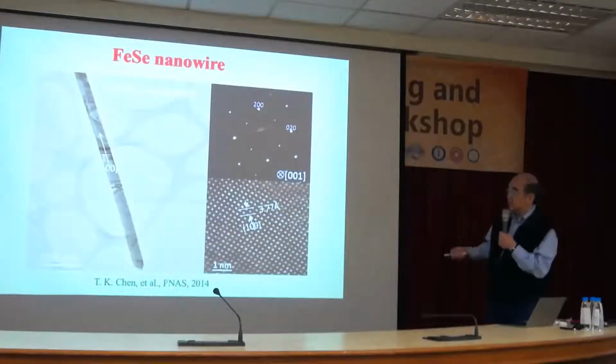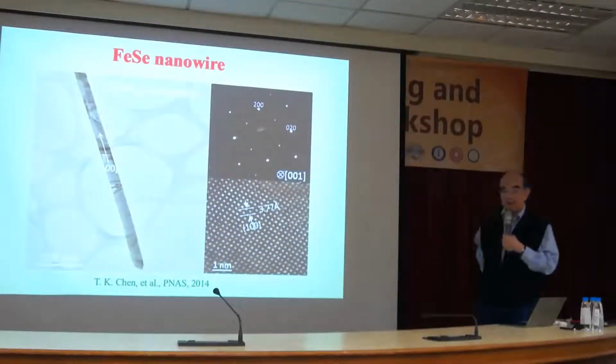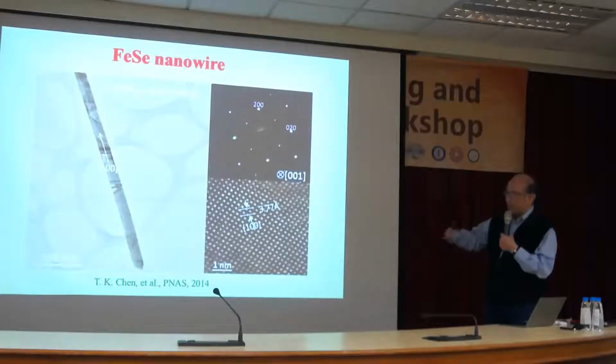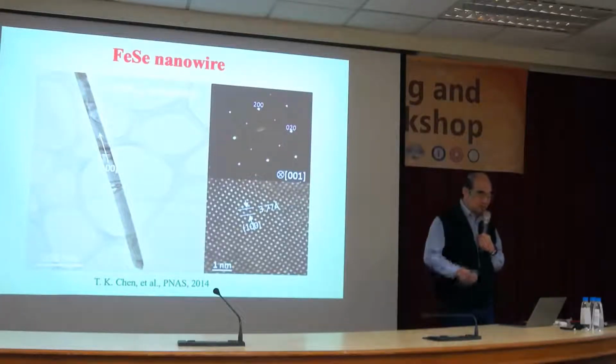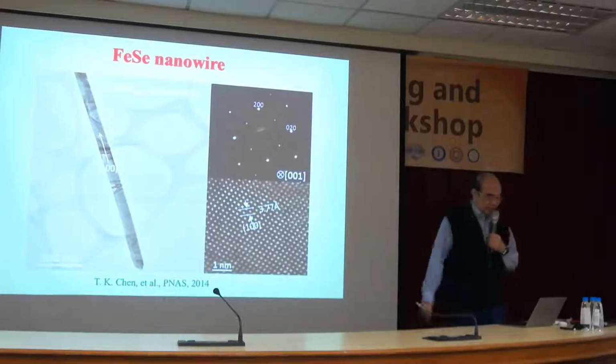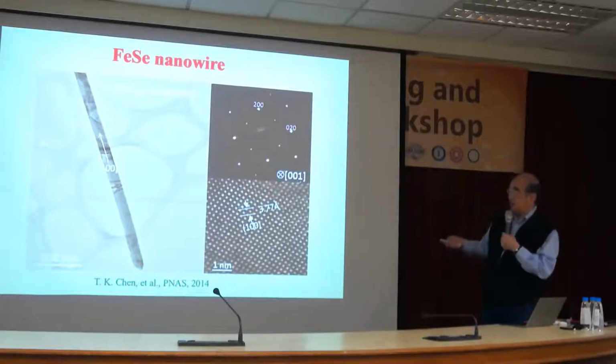This is a single nanowire, a very nice crystal we fabricated a few years ago, because we think that can give us some interesting properties to measure. To our surprise, this is an ideal iron selenide crystal. It is the perfect structure.